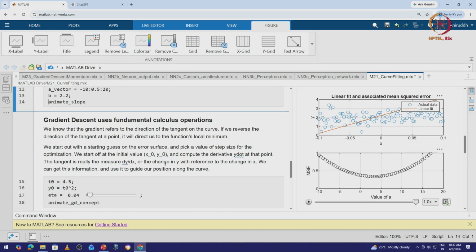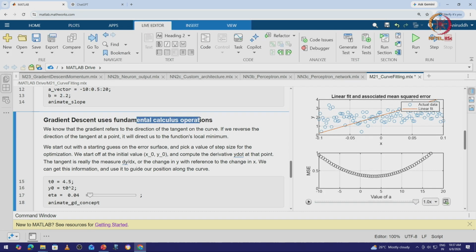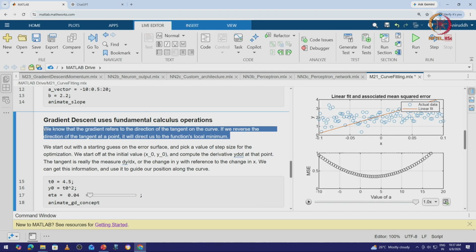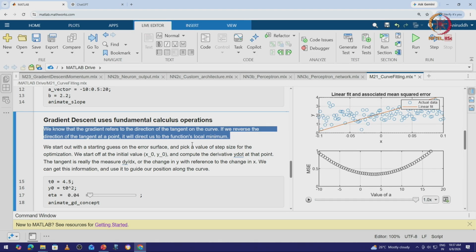Now let's take a closer look at the gradient descent algorithm. Gradient descent is basically using fundamental calculus. This is something we had discussed even in the lectures and in the previous tutorial, and it is very important that the gradient refers to the direction of the tangent.